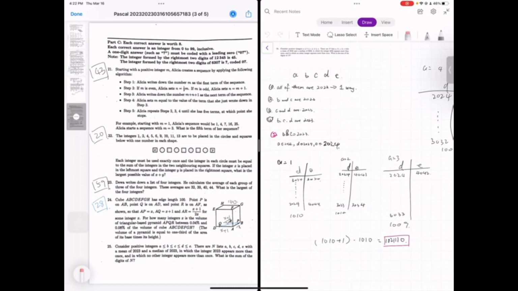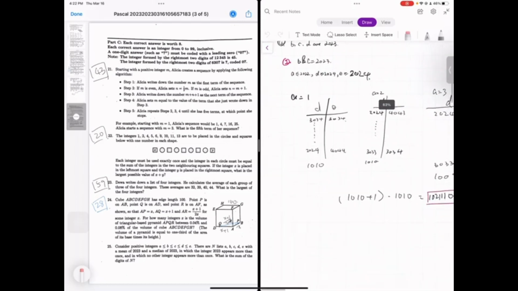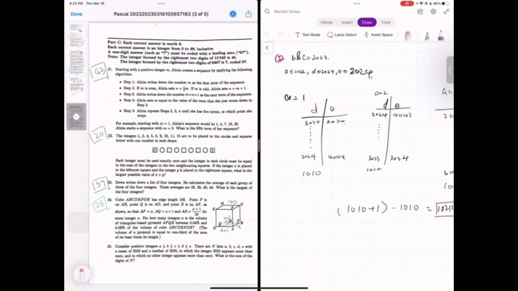For the first scenario, obviously there's only one way. For the second one, I just find some examples in order to find the pattern.